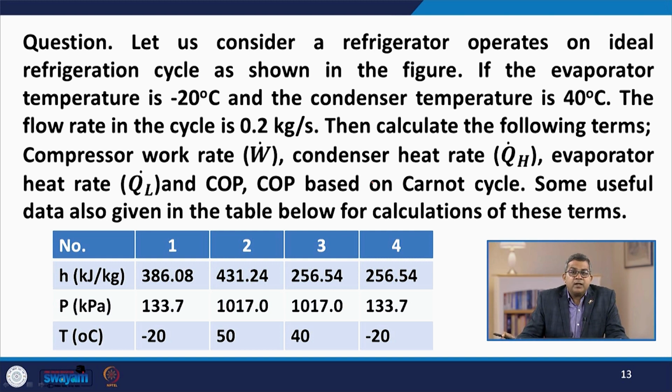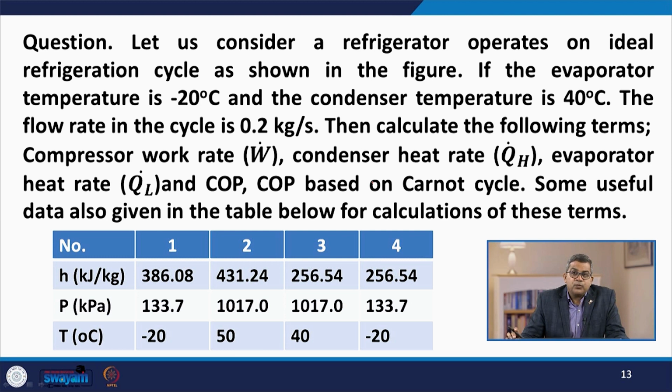Similarly, from the pressure perspective, stage 2 and stage 3 are isobaric. Stage 1 has a pressure of 133.7, P2 and P3 are equal at 1017 kilopascal each, and stage 4 has 133.7.